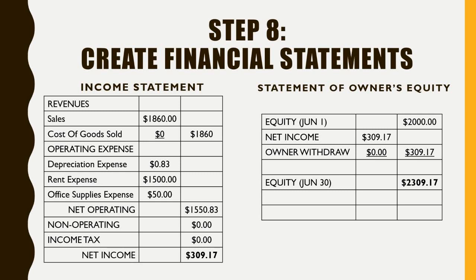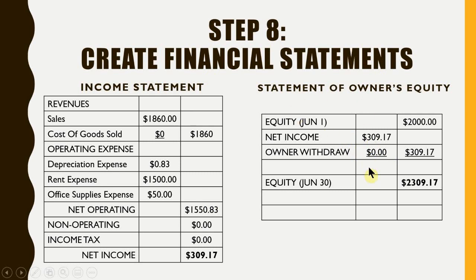If you choose to reinvest the $300 into your company, then you're going to increase the value of your company. And the other contributing factors, once again, are capital contributions. But if I took an owner's withdrawal, that would decrease the value of my company because I took money away from the company. In this case, I've reinvested in my company the $300, but I did not take anything away from my company.